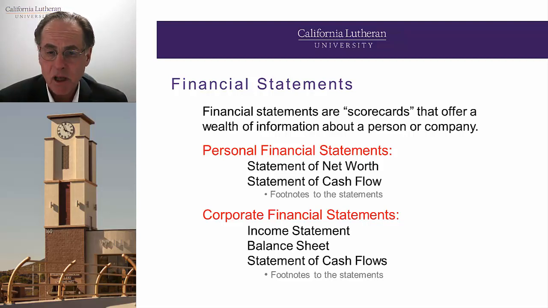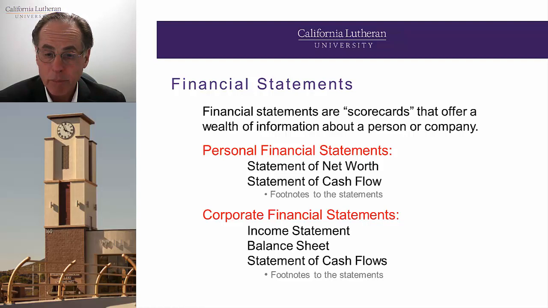Financial statements are scorecards that provide a wealth of financial information about a person or a company. As you can see on this slide, there is a basic set of financial statements for individuals and a basic set for businesses. The personal financial statements include the statement of net worth and the statement of cash flows. Corporate financial statements include the income statement, balance sheet, and statement of cash flows.